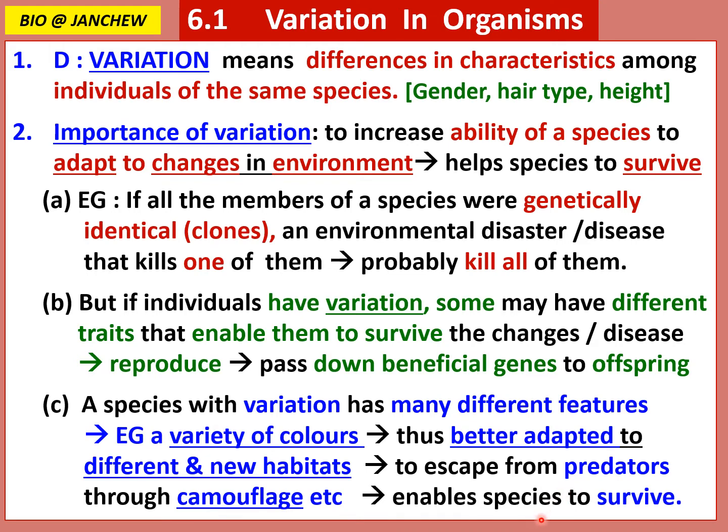And this will enable the species to survive. For example, we are going to study about the moth in the next slide. So we'll discuss how the species can survive if it has a variety of colors.